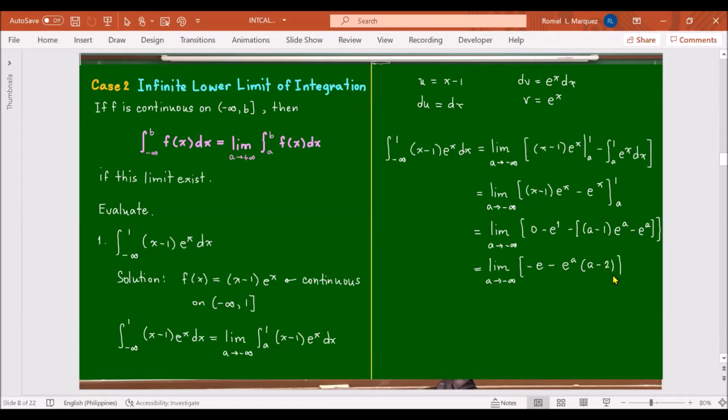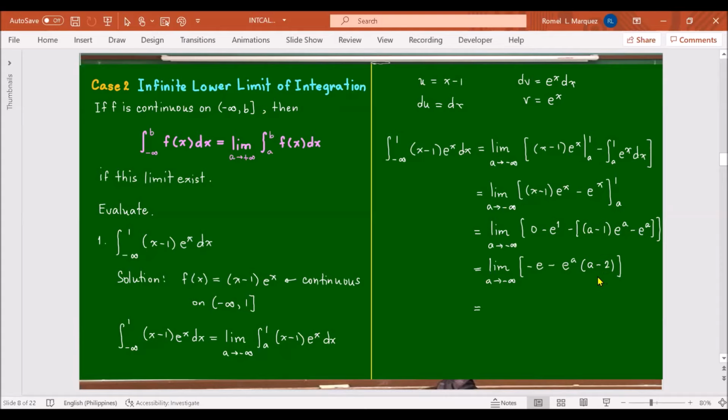So what is the limit of this? As a approaches negative infinity, the first term is simply negative e, because it is a constant. What about the other term? As a becomes a big negative number, e to the a is going to be 0, and a minus 2 is going to be negative infinity.